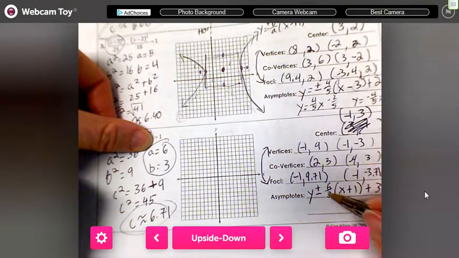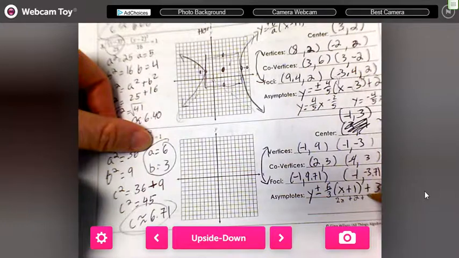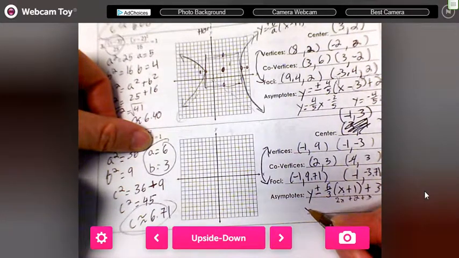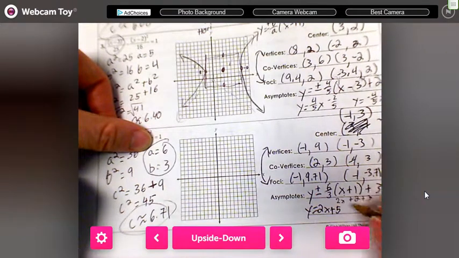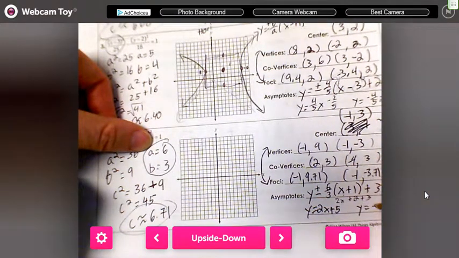Okay, so 6 divided by 3 gives us 2, right? 2 times X is 2X. 2 times 1 is 2. Plus 3 means that's 5. So we're going to get Y equals 2X plus 5. And if it was negative, we would get Y equals negative 2X plus 1.